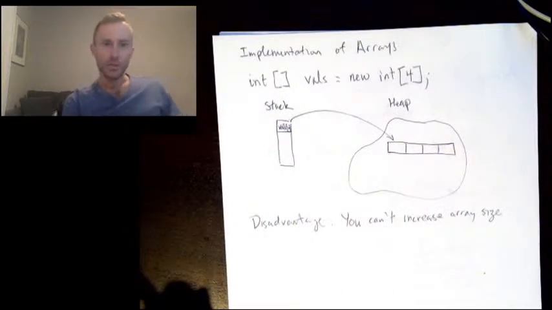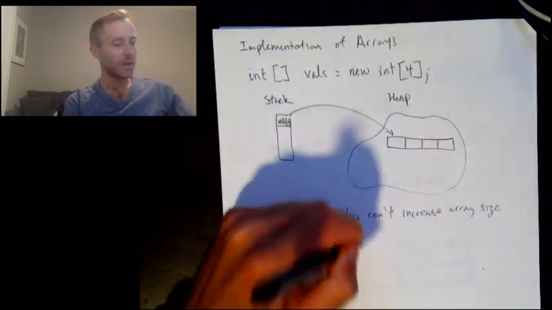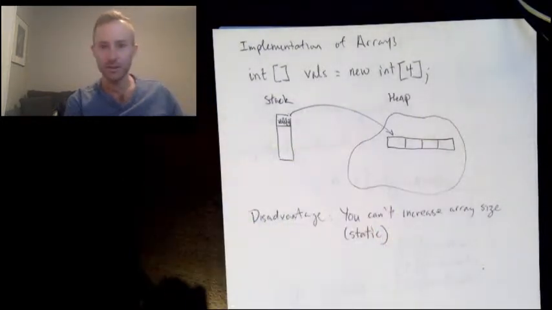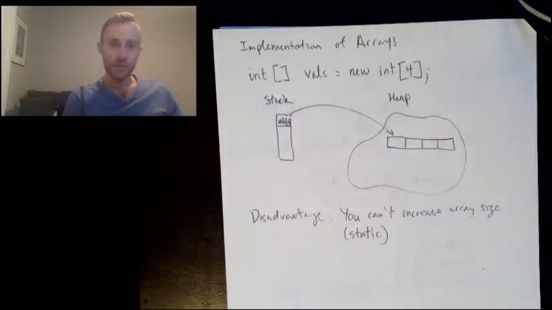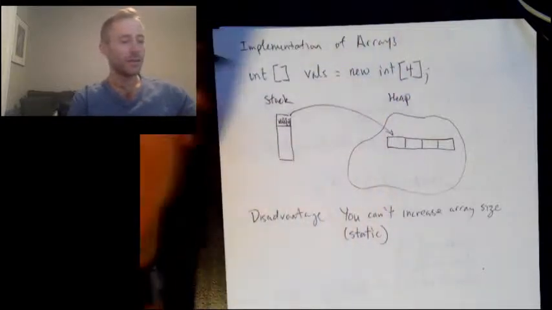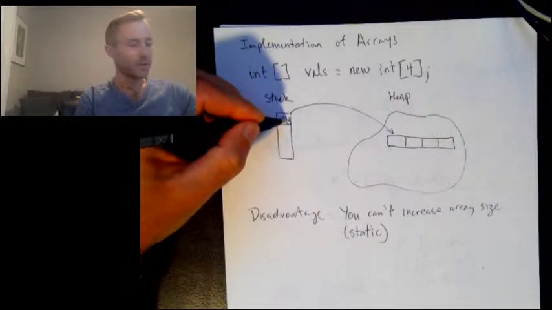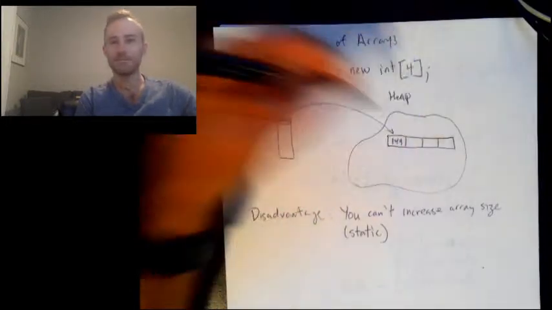Okay, so we would say that the size of the array is static. You cannot increase the size of the array. Why is that? Well, let's say that the memory address of the 0th value is memory address 149.